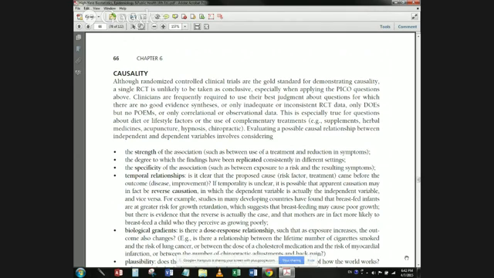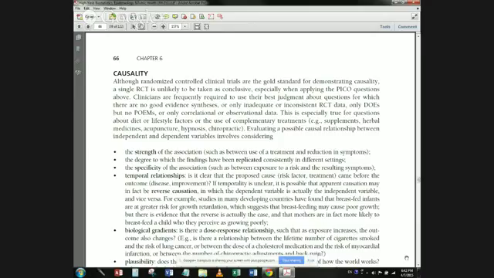Causality. Although randomized controlled clinical trials are the gold standard for demonstrating causality, a single RCT is unlikely to be taken as conclusive, especially when applying the PICO questions above.